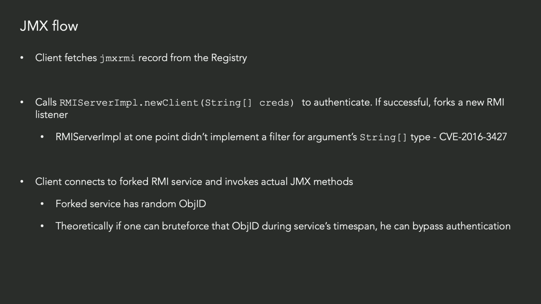The forked services all have a random object ID, and theoretically, if one can brute force that object ID during the service time span, he can bypass authentication. So this is like security by obscurity.